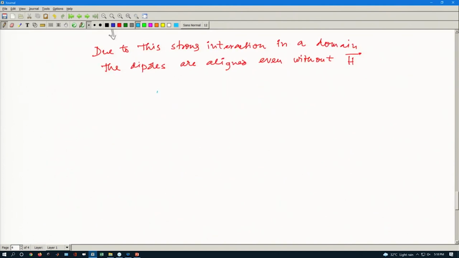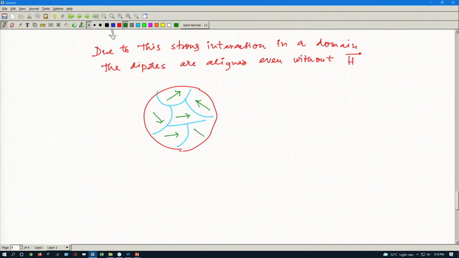So, we had the domains here. Suppose I am just drawing the domain like this. In this domain, if I highlight it, due to the strong interaction, even when H is 0, the dipoles in these domains are already aligned, but they are aligned in such a way that the net magnetization is 0.